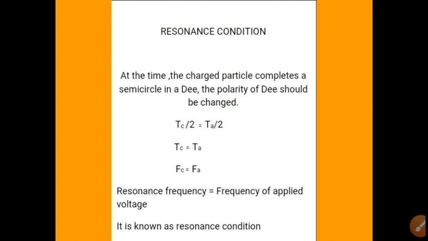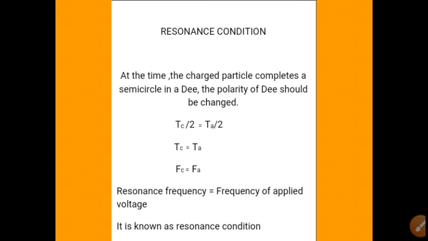Next is resonance condition. Resonance condition means we have seen that whenever the charged particle completes a semicircle, the polarity of the D's should be changed. It means the time required to change the polarity from positive to negative is half of the time period of the oscillator.